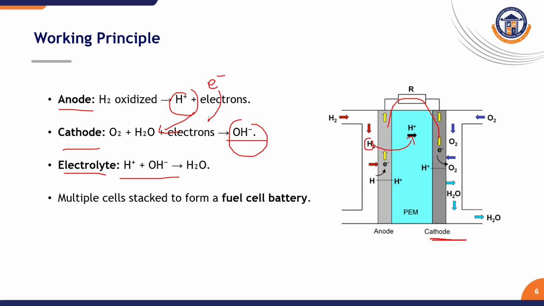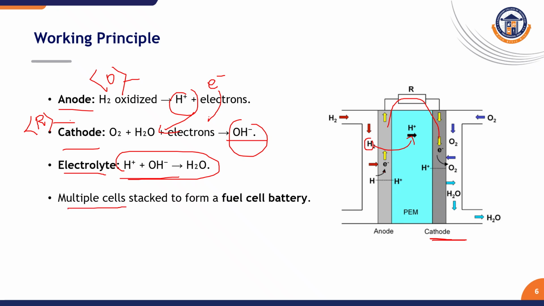The anodic reaction is also called the oxidation reaction, and the cathodic reaction is also called the reduction reaction. We can also call them the oxidation half cell reaction and reduction half cell reaction. This shows the overall net fuel cell reaction.